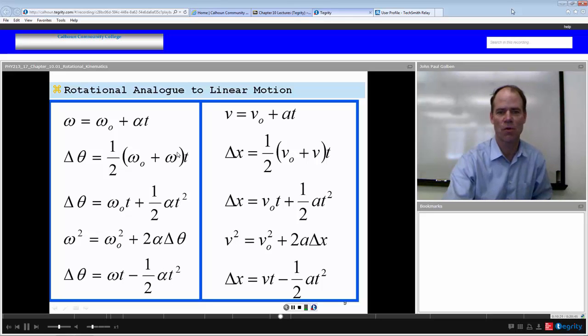But the form of all the equations is exactly the same. So we have the same kinematic equations. So your task is really to be able to identify what these variables are in a particular problem and then apply them to the corresponding rotational kinematic equation.